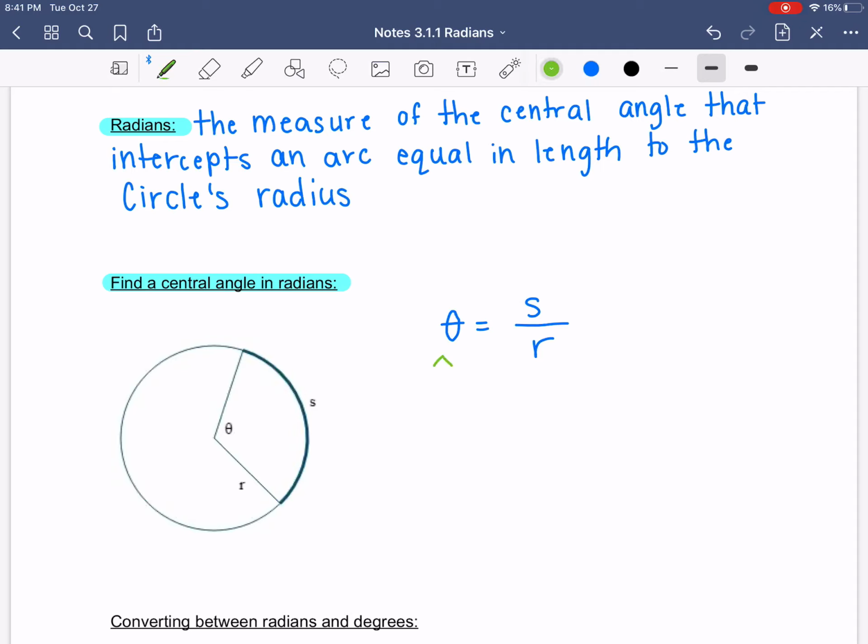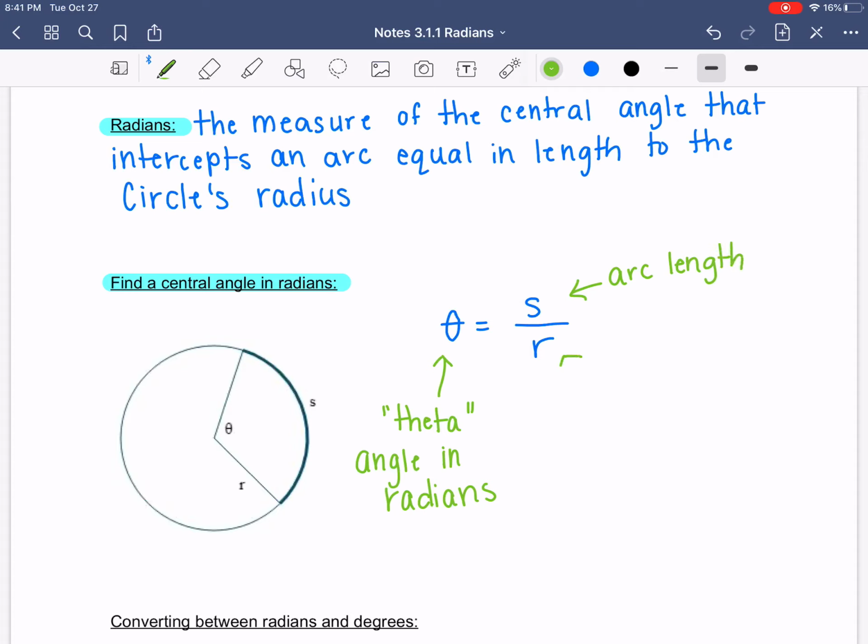So theta is just, we'll write theta so you guys know what it's called. Theta is just your angle in radians. S is your arc length.